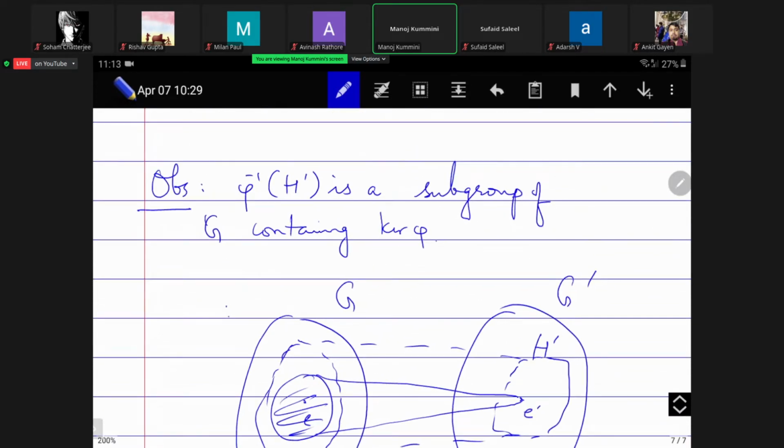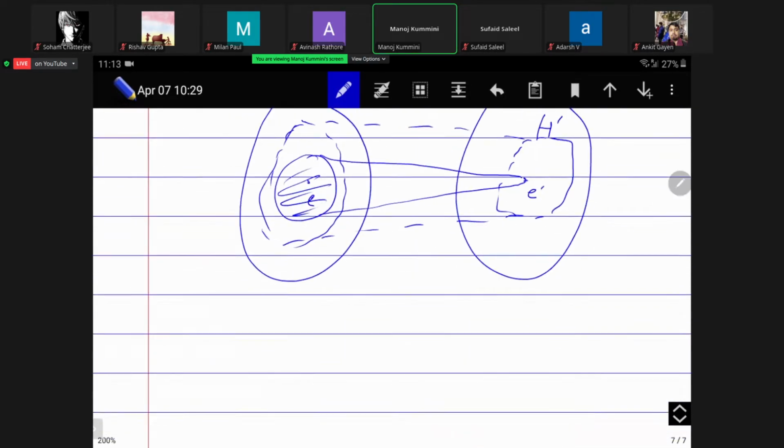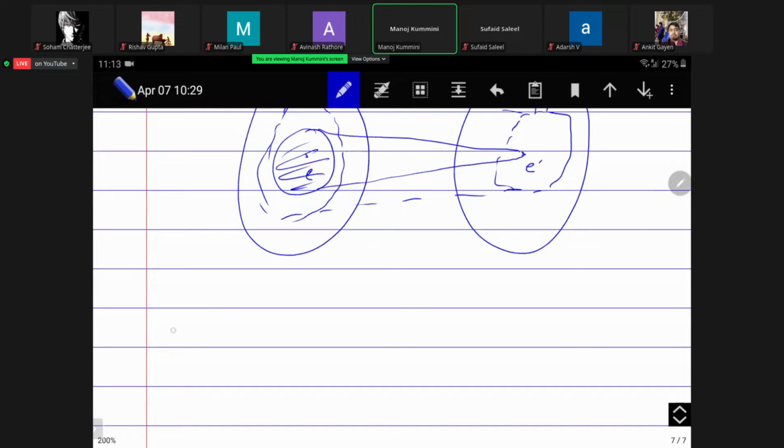This is a subgroup of G containing the kernel of phi. And again, just to remind you, phi inverse of H prime by definition is all g inside G such that phi of g is inside H prime. One should not confuse them with inverse functions of bijective functions.